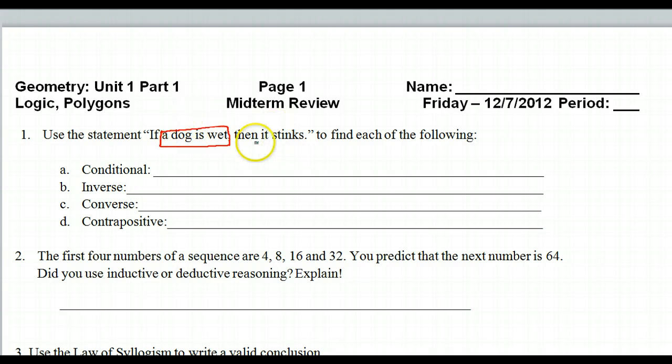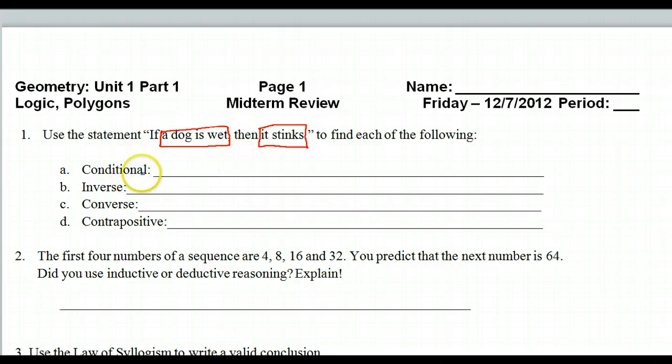Then it has a conclusion, which is the then part. So the hypothesis is a dog is wet. The conclusion is it stinks. And we will rearrange those to form the inverse, converse, and contrapositive.